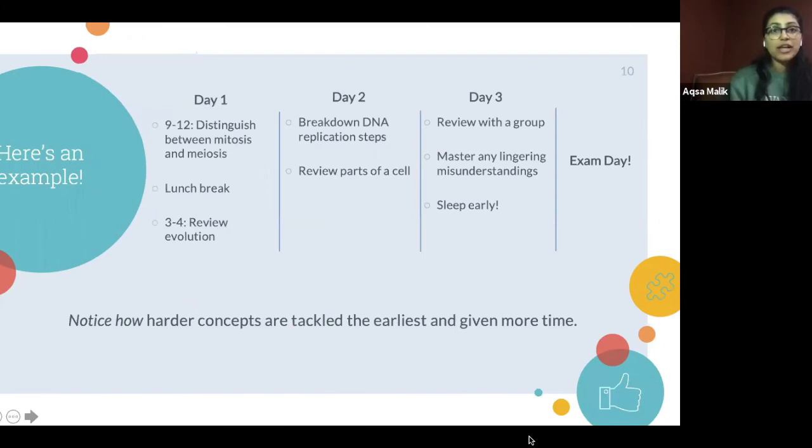An example of a personalized action plan looks like this. So let's say I had a biology exam in 3 days. My first 2 days would consist of studying. Maybe I struggle a lot with distinguishing the steps between mitosis and meiosis. So being very specific in your schedule and your daily tasks. And as you can see, day 2 follows a similar method of challenging concepts first, easier concepts near the end.